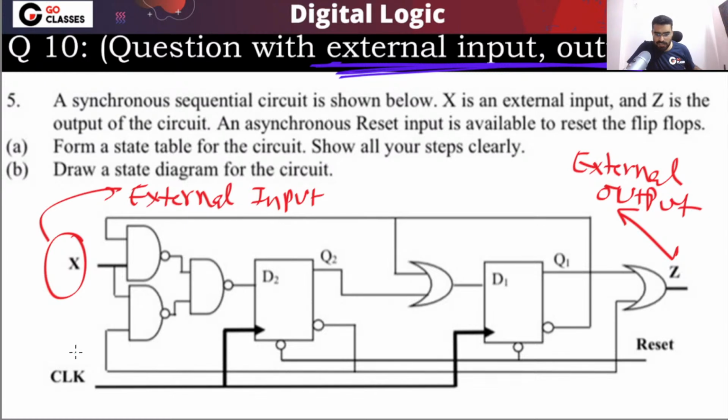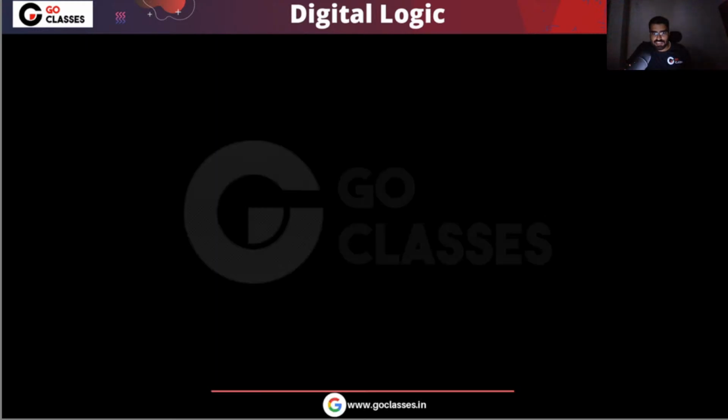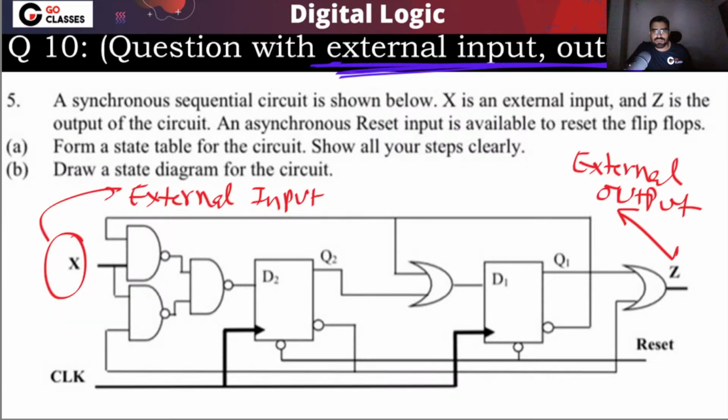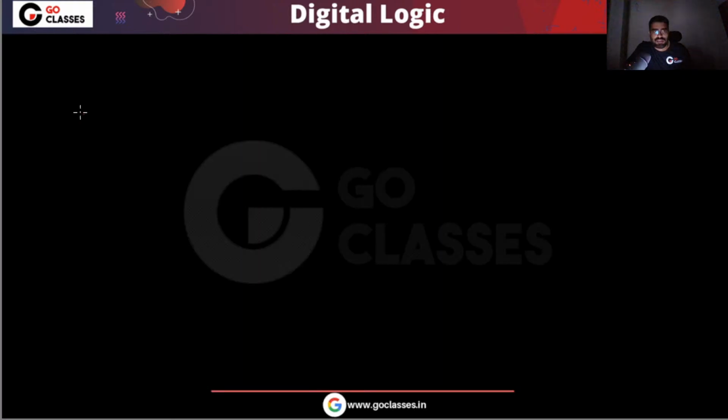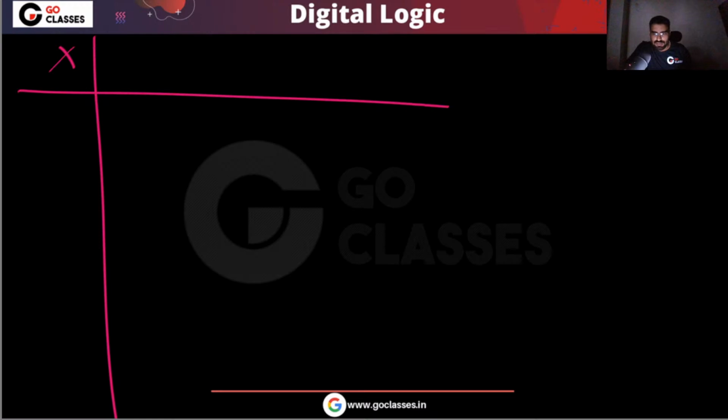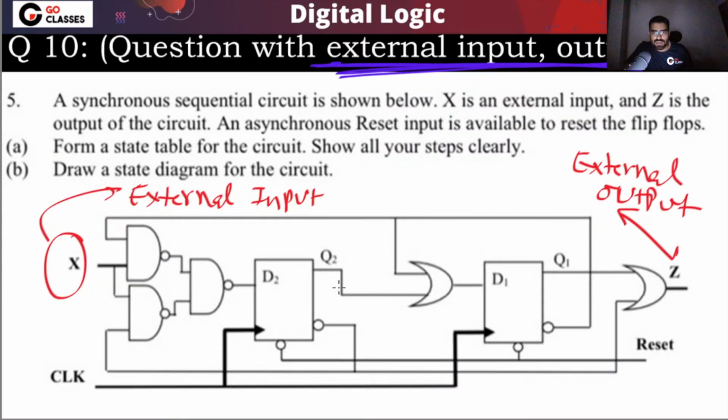Now the same type of analysis you need to do, exactly the same analysis. So what you will do here, again the same: this is your x, and you have two states, so that is q2, q1.